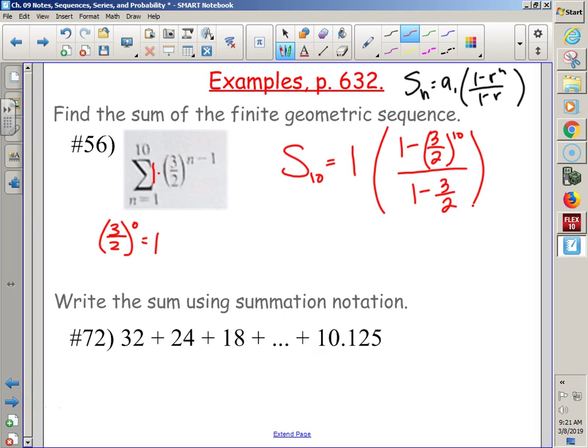Does anybody else get very different answers? Yes. Why? Because you plugged in wrong. In your sigma notation in your calculator, the big parentheses has to hold in the entire argument. If you chose to put that on the outside of the parentheses, the sigma just dealt with this guy and not that guy.